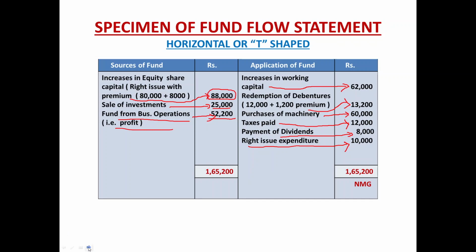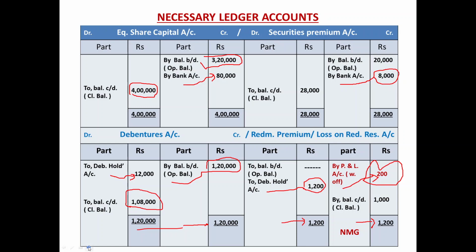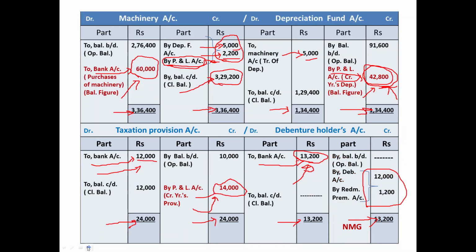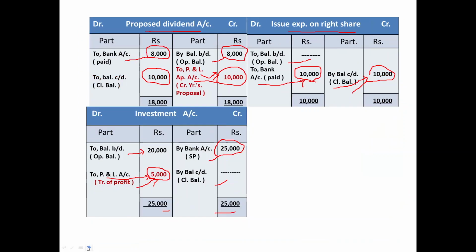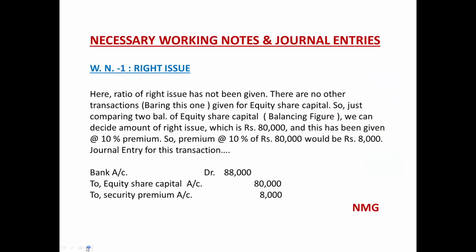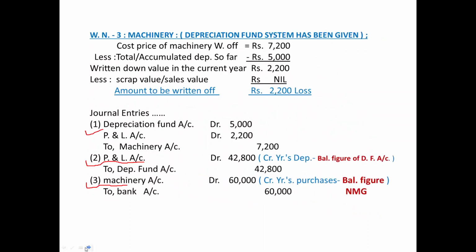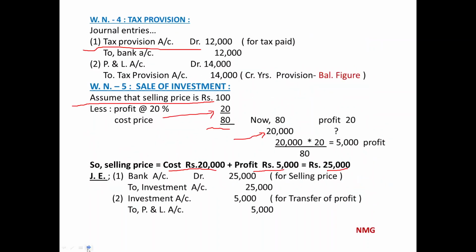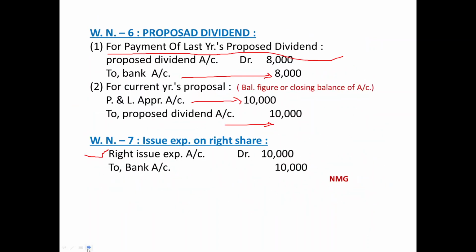Total gets confirmed, tallied, 1,65,200. Necessary ledger accounts: four ledger accounts, another three ledger accounts, and then necessary working notes and journal entries. One by one we prepared the working notes and journal entries for additional information items.